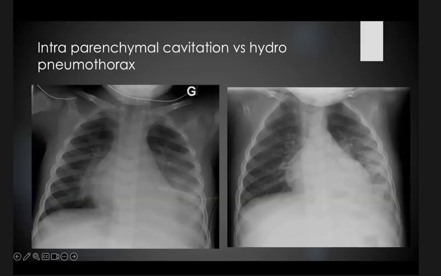Here you have a child with pneumonia on the left side, who had pleural effusion and a drain put there. Afterwards, after the drain was gone, you see an air fluid level on the left lower part, and we didn't know, was it just in the pleural compartment because of the drain, or was it inside the lung.